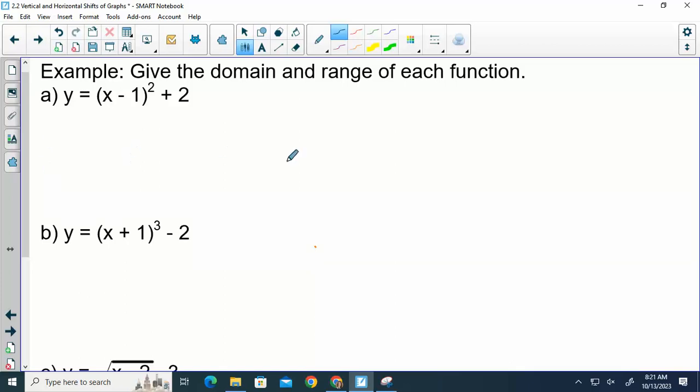So on A, what is my parent function? X squared. 0, 0, 1, 1, 2, 4, negative 1, 1, negative 2, 4. You guys all know where I'm getting those points, right?